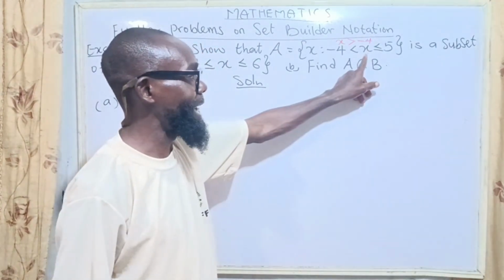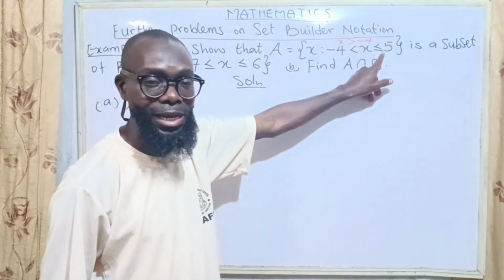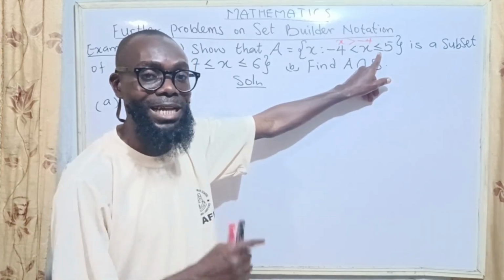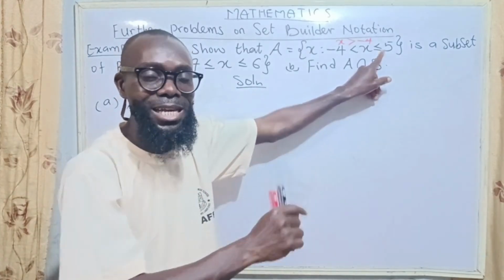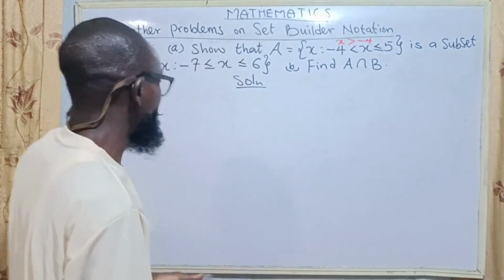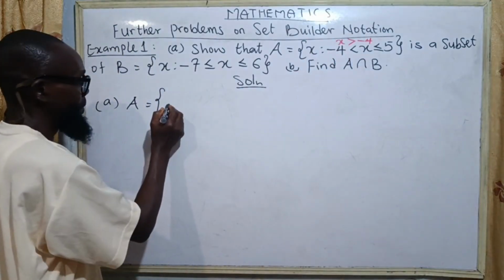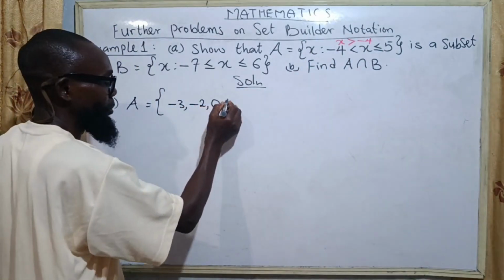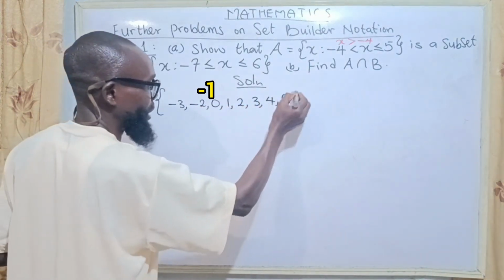Then we stop at 5 because this is less than or equals to. I told you when equals to is under that less than or greater than, when you have a line under it, it means you are stopping at that number. So in this case, we now have x greater than minus 4 will be minus 3, minus 2, 0, 1, 2, 3, 4, 5.